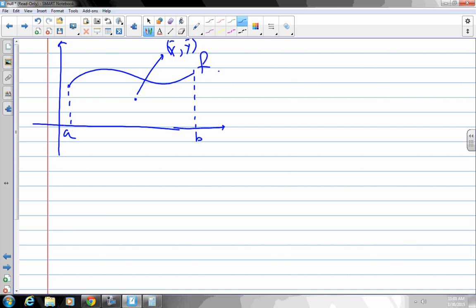So we're going to take just one little piece. And let's say, again, it's not just the area under the curve.